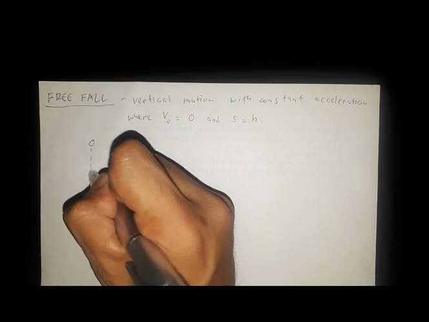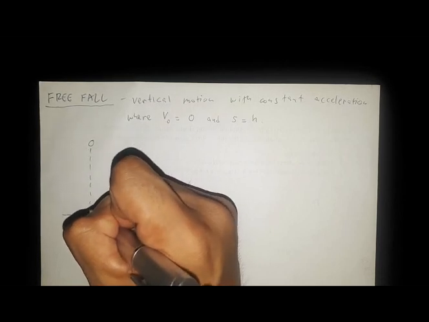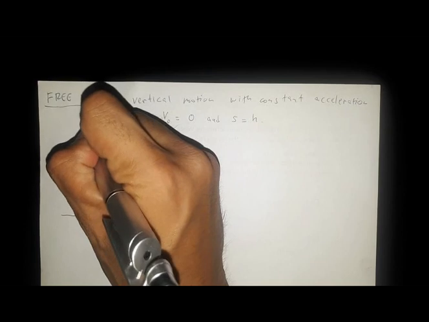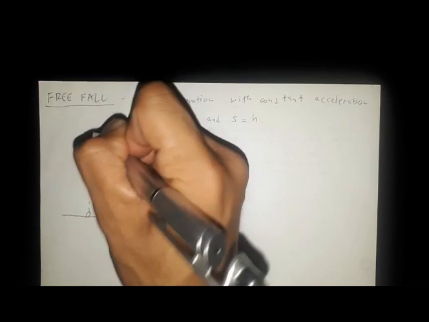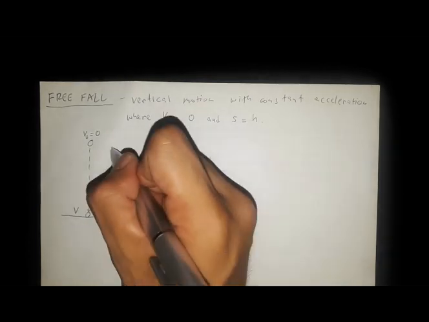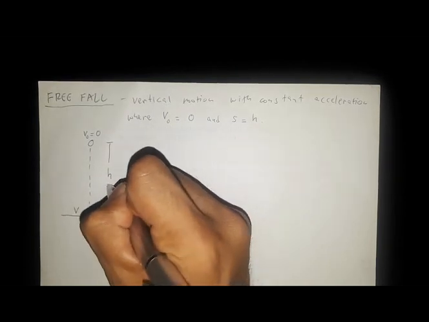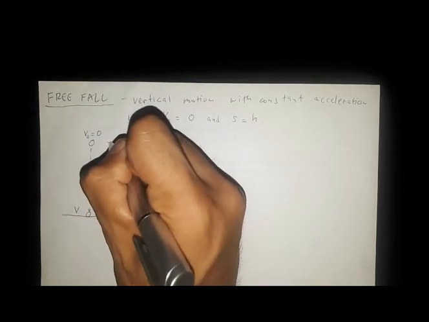The particle moves on a vertical motion, from a higher elevation with initial velocity of 0 until it hits the ground with the final velocity V, where the position or the distance traveled is equal to the vertical height.